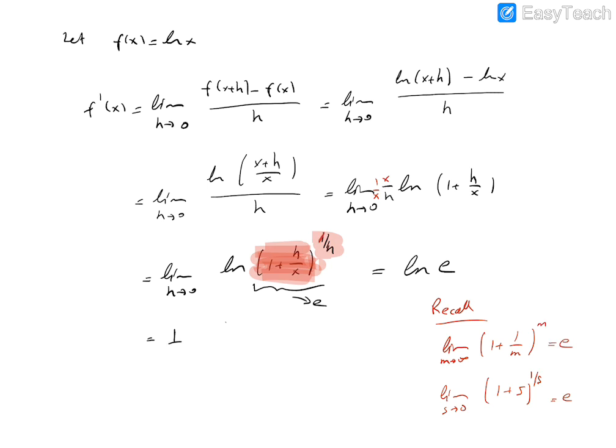Now this is x to the power h, and we have 1 over x. 1 over x does not depend on h, so it is 1 over x times ln e. Now it goes to e, so the answer is 1 over x. So the derivative of ln x is 1 over x, as you see here.